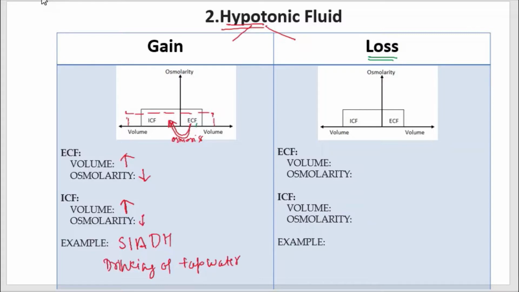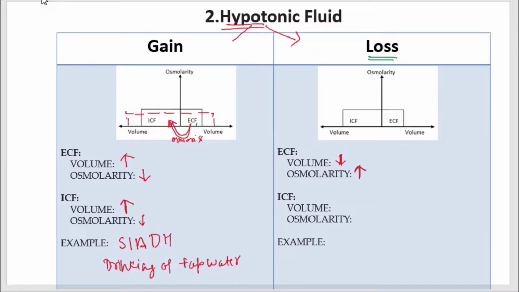And there is an example when we talk about hypotonic fluid loss from the body. In that particular case, when the hypotonic solution is lost, the volume of the ECF decreases, and when the volume decreases, the osmolarity of the ECF compartment is going to increase.